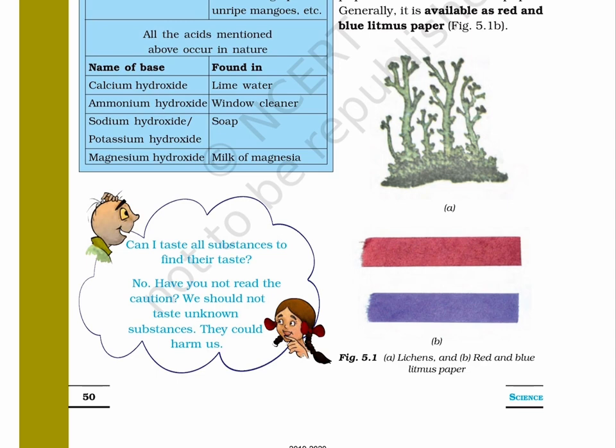Row 2. Ammonium hydroxide. This is found in window cleaner. Row 3. Sodium hydroxide or potassium hydroxide. This is found in soap. Row 4. Magnesium hydroxide. This is found in milk of magnesia.